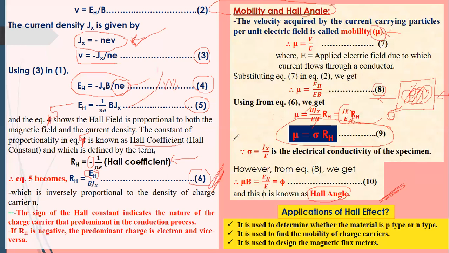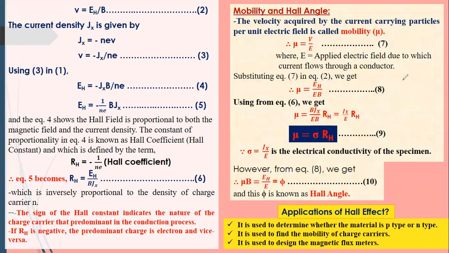If we have some amount of material and we are totally unaware whether it is a P type or N type charge carrier, we can determine that by using the Hall effect.